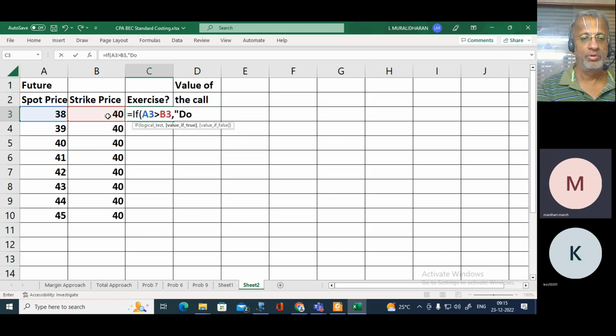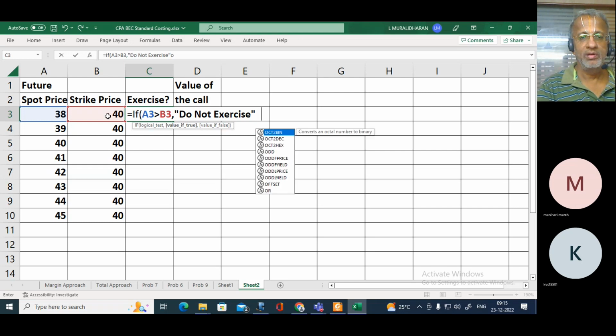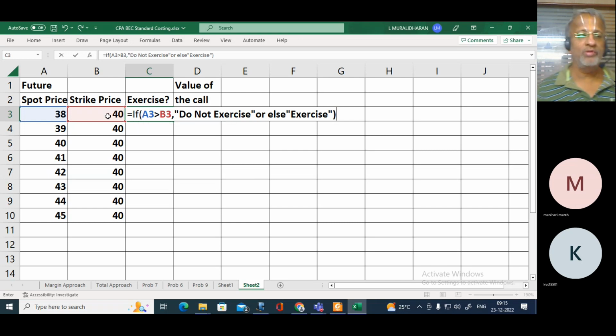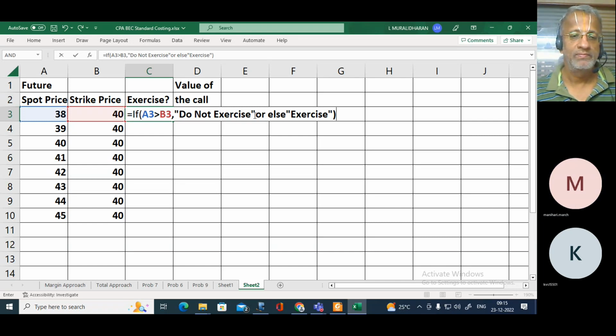Otherwise, we'll put it like this, sir. If value of D is 0, then don't exercise. Otherwise, exercise. I do not know whether I am bringing out the proper command. Sir, do not exercise, comma, exercise.